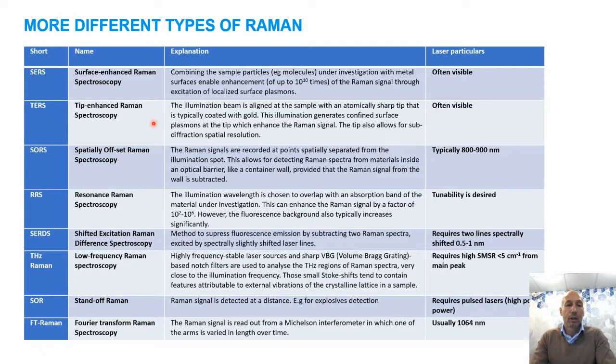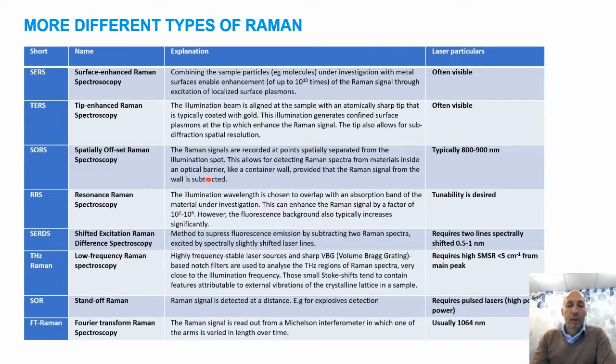And then we call it tip enhanced Raman spectroscopy. Both these techniques often use visible lasers, and they are able to provide very, very high spatial resolution down to single molecule detection and sub-diffraction limited spatial resolution, which is very powerful.